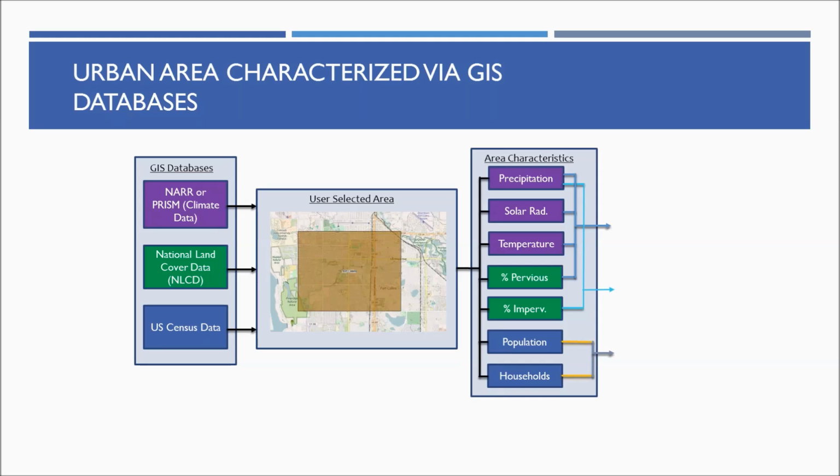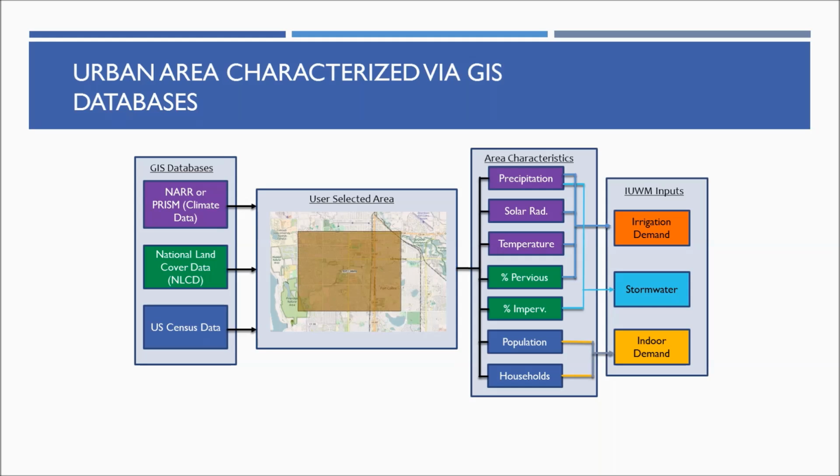Ultimately, IUWM retrieves data from those databases and then characterizes a particular urban area. From the climate data, it can predict precipitation, solar radiation, and temperature, and from the NLCD land cover databases, percent impervious and pervious can be estimated. U.S. Census again is used for estimations of population and households.